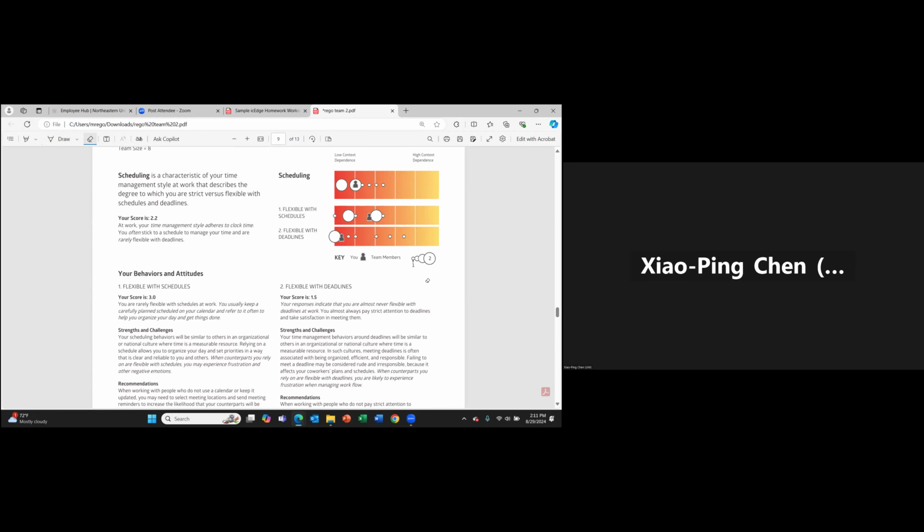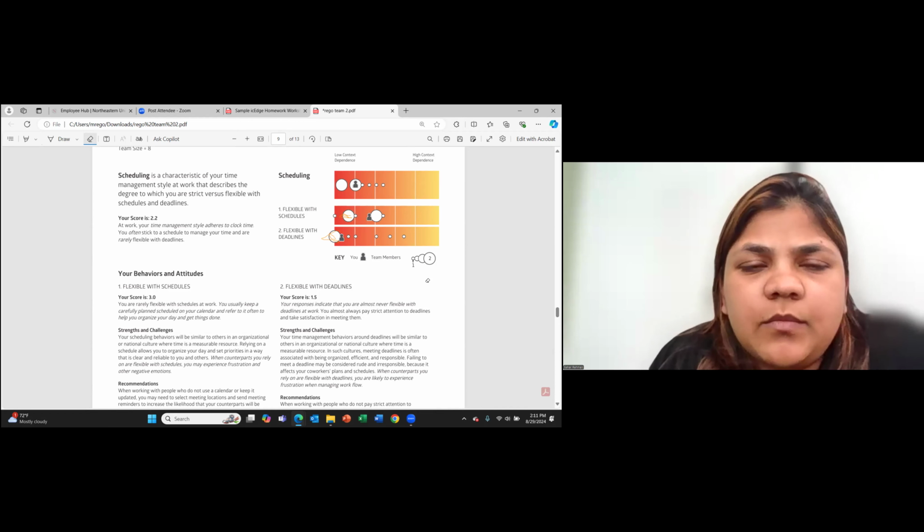Scheduling. Okay. So in scheduling, I'm on these 2 circles. This one, orange, and this one. Which one are we on? Scheduling and flexible? Flexible with schedules and flexible with deadlines. Okay.